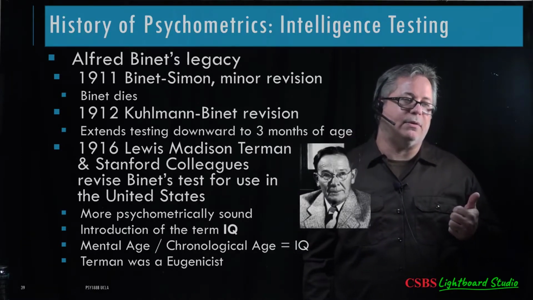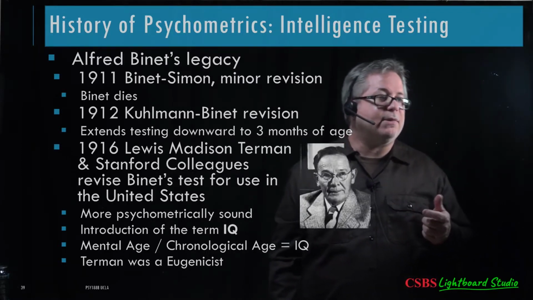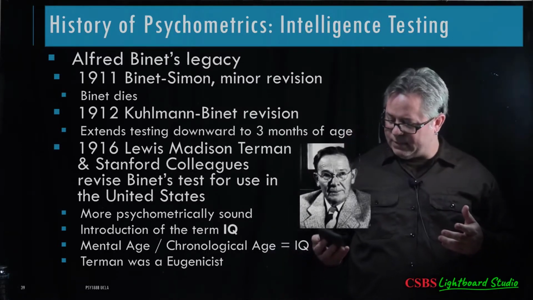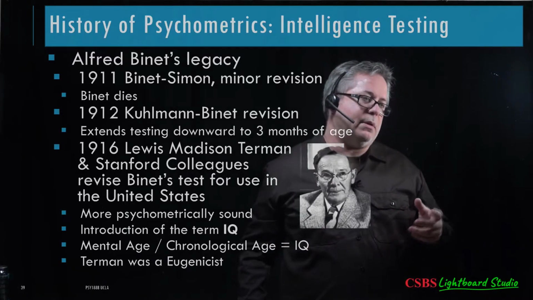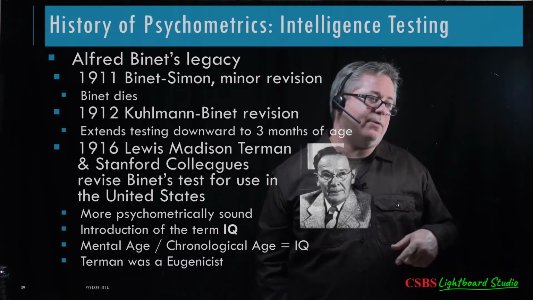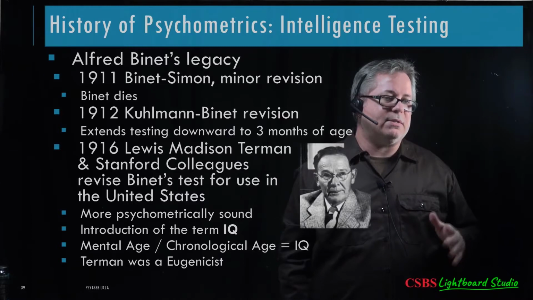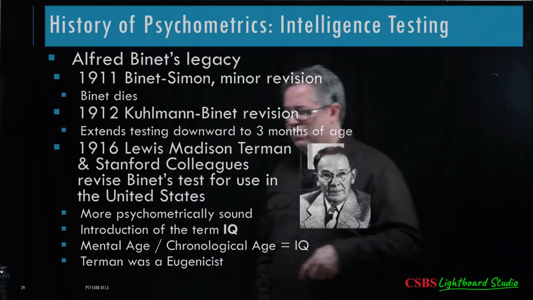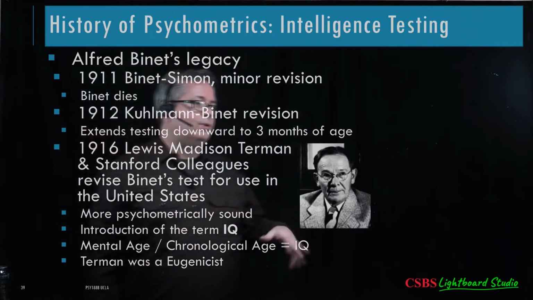In 1911, around then, Binet dies. So there's some minor revisions to the Binet-Simon scale, and in 1912 it gets revised again to become the Kuhlmann-Binet, which extends testing downward to 3 months of age. So they're able to now test kids even younger, and they're doing work to expand it.